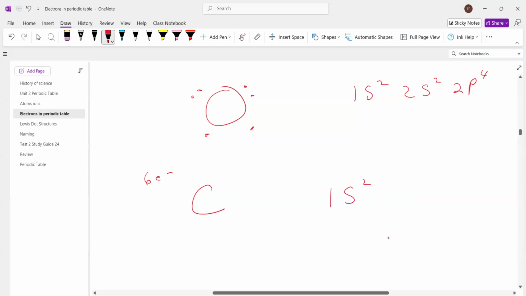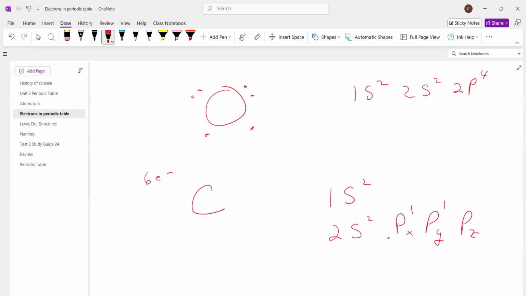Then we have shell 2. 2 electrons go in the s. Then we have 2 more electrons. Notice there are none in the z, only in the x and the y.